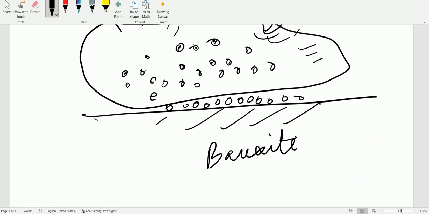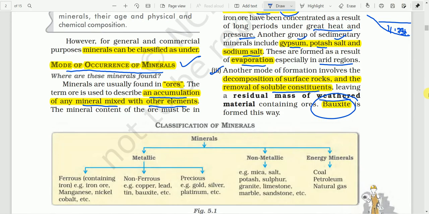You may read the text again. Here, another mode of formation involves decomposition of surface rock. Decomposition means chemical decomposition. Solution is an example of chemical decomposition, that is a chemical withering process.